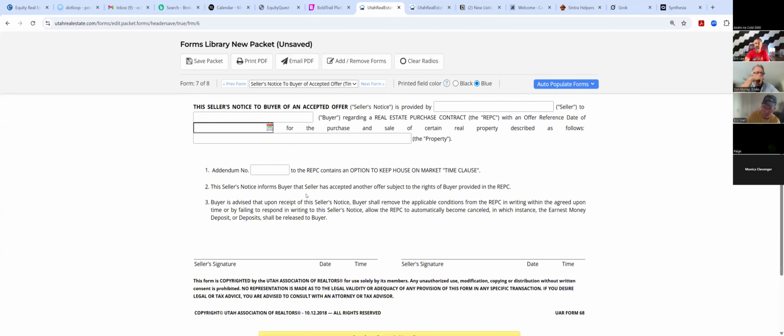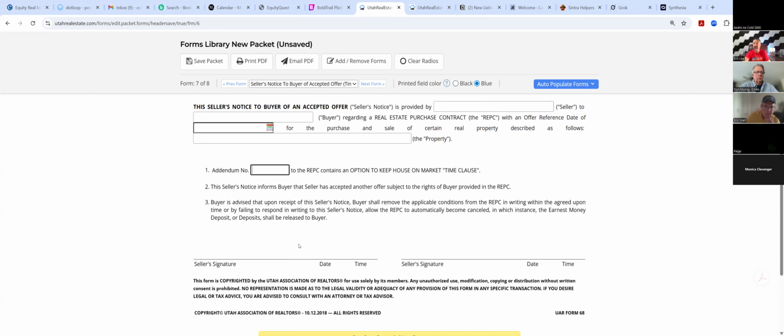And it's very simple. Addendum number, whichever one is your option to keep house on market time clause addendum. Okay, so this just says we have a time clause addendum in place. This seller's notice informs buyer that seller has accepted another offer subject to the rights of the buyer provided in the real estate purchase contract.